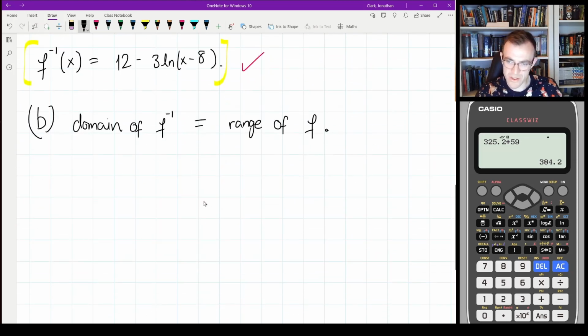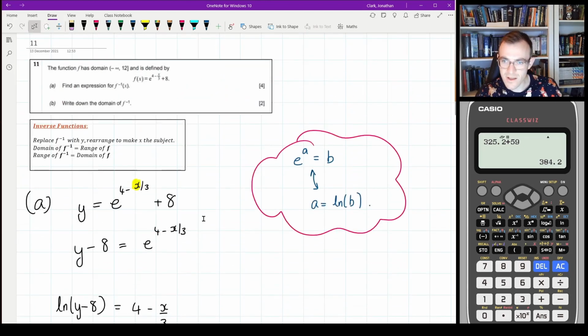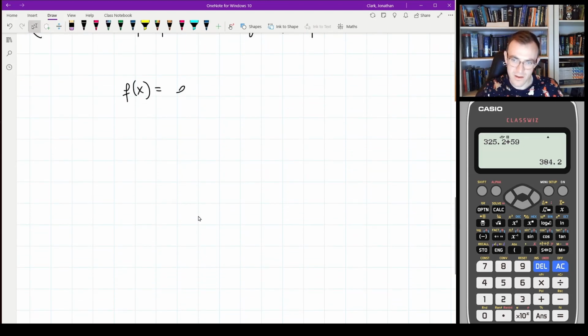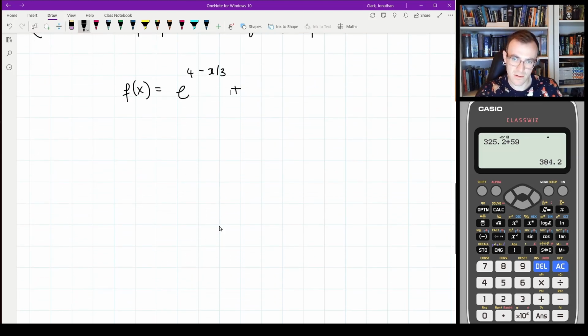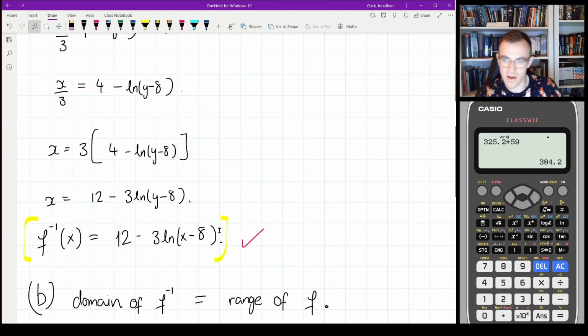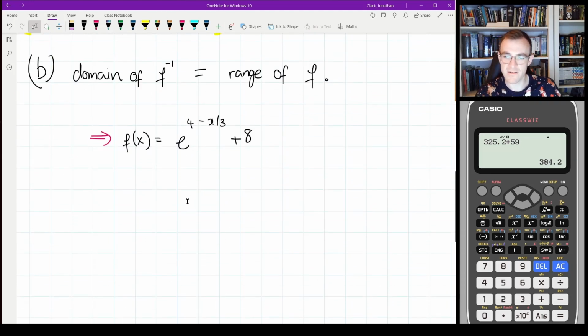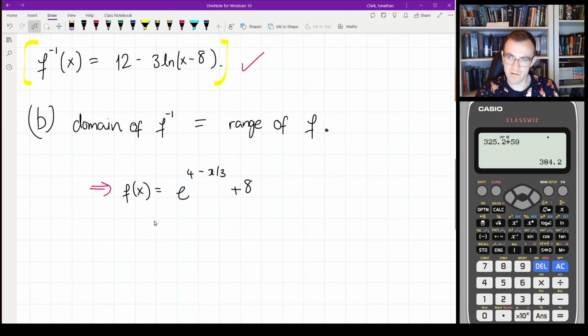So the original function is e to the 4 take away x over 3, plus 8. And the numbers that are going into this function are minus infinity to 12.